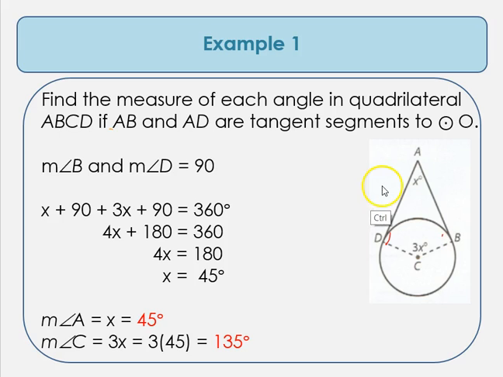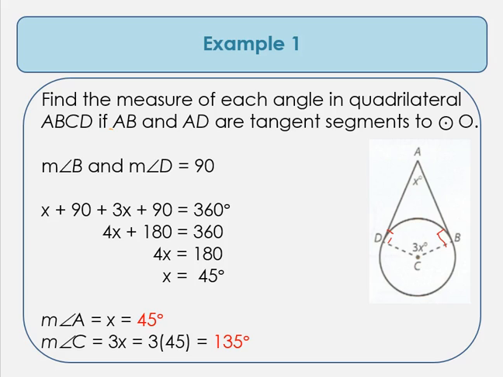It looks a little bit more like a square there. The measure of angle B and the measure of angle D equal 90 degrees. So this is our first step after what information we were given.